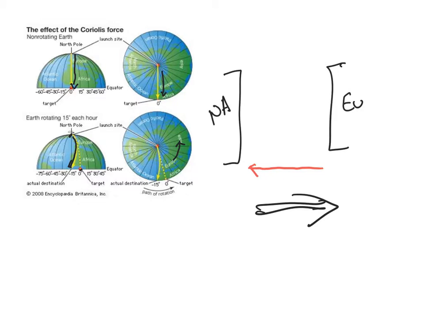Then it's going to slightly curve to the right, so in reality it's going to kind of go like this. So now we can see why it goes up the coast of North America, and as it travels up the coast of North America, that Coriolis effect is going to cause it to bend a little bit to the right, and it's going to travel across the Atlantic Ocean here, but really it's going to kind of have that curve still.